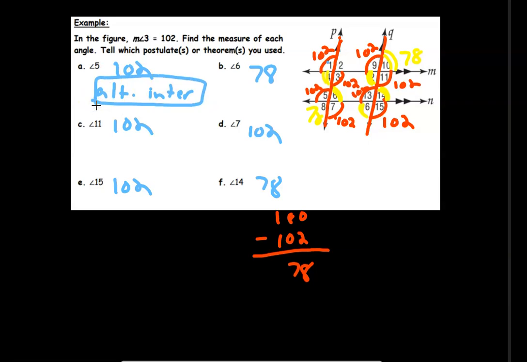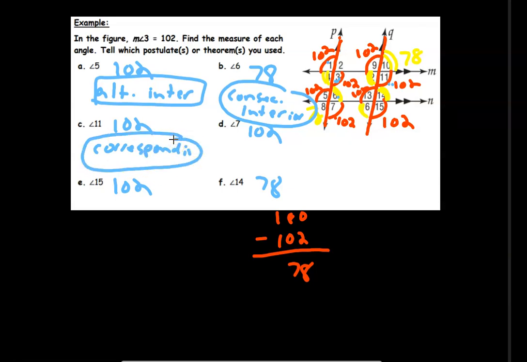Angle 6 is 78 because 3 and 6 are consecutive interior angles, and they are supplementary. Angle 11 is 102 because 3 and 11 are corresponding. And angles 7 and 3 are corresponding.